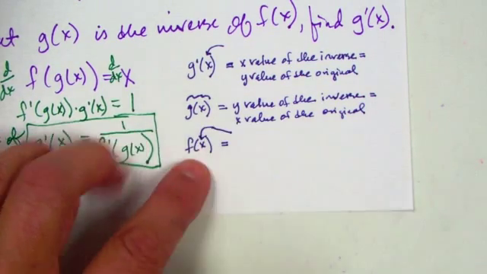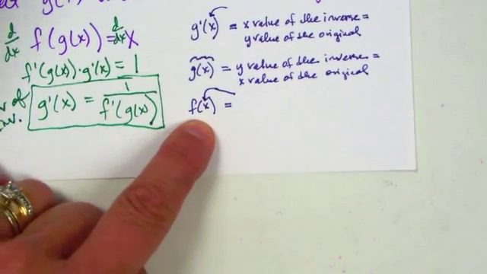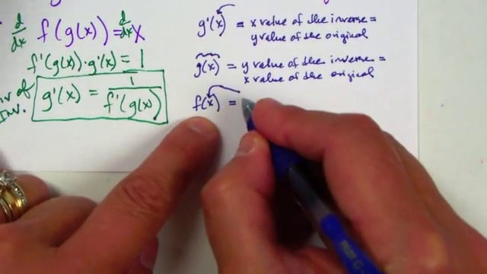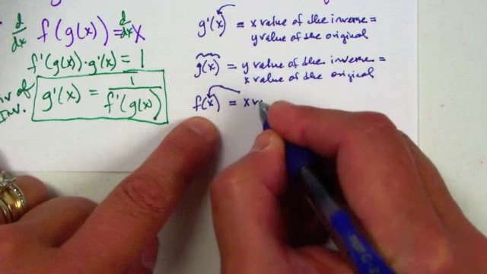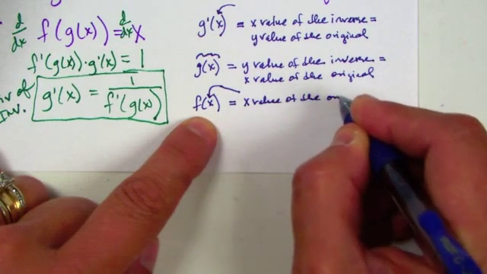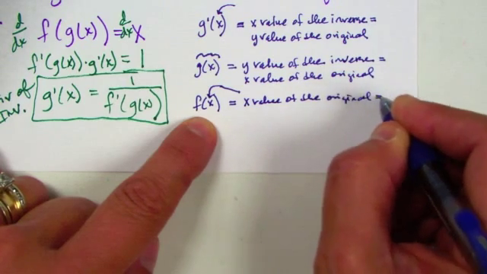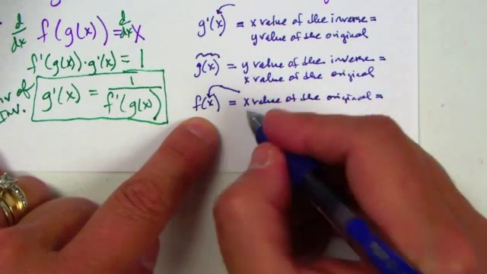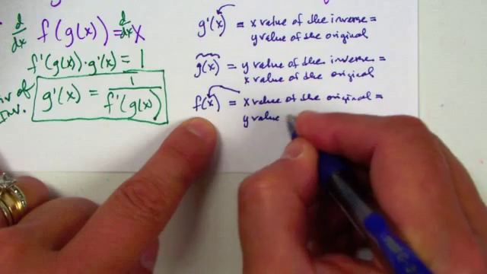Okay, let's talk about that. What does that represent? X value of the original, which means it is the y value of the inverse.